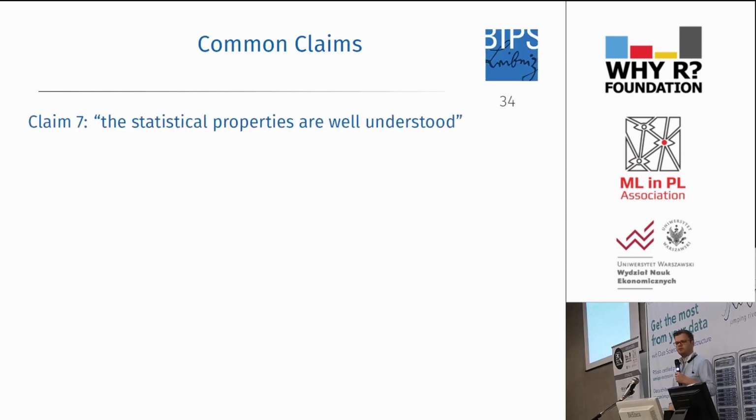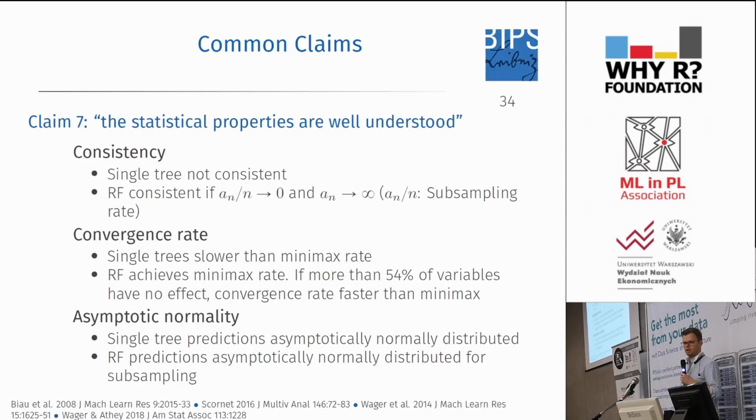Claim number 7 is that the statistical properties are well understood. There are results on consistency. A single tree is not consistent, but a random forest is, if you put a limit on the subsampling rate. The subsampling rate has to grow at the same time, but grow slower than the number of observations in your data set.